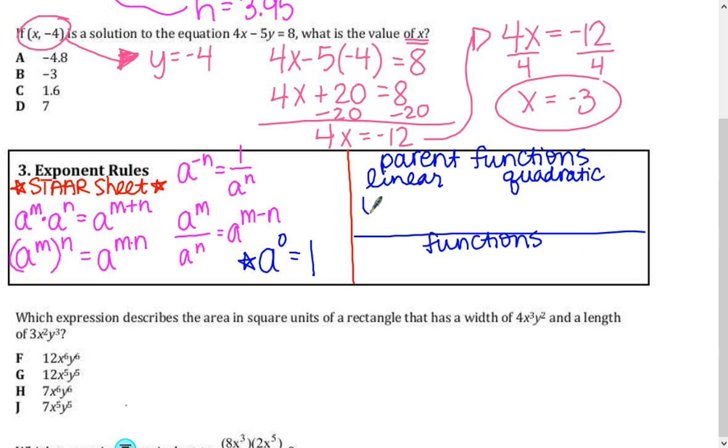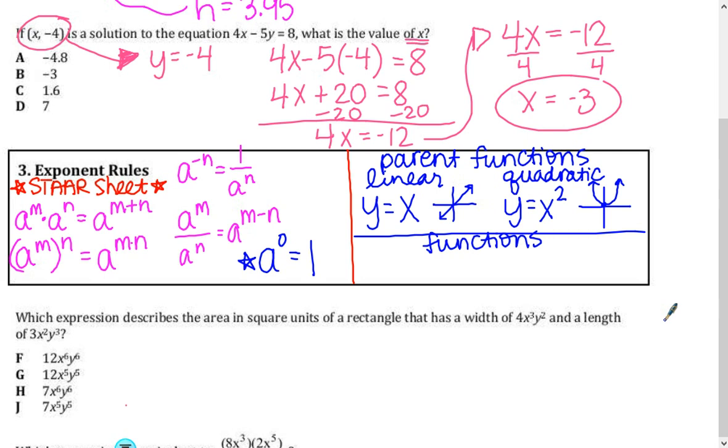If you can remember, the most basic linear one we have is y equals x. It has a slope of 1 and a y-intercept of 0. It looks just like this. Hashtag basic. Our other one is the quadratic parent function, y equals x squared. Again, the most basic form of our quadratic functions, and it hits right there at the origin.